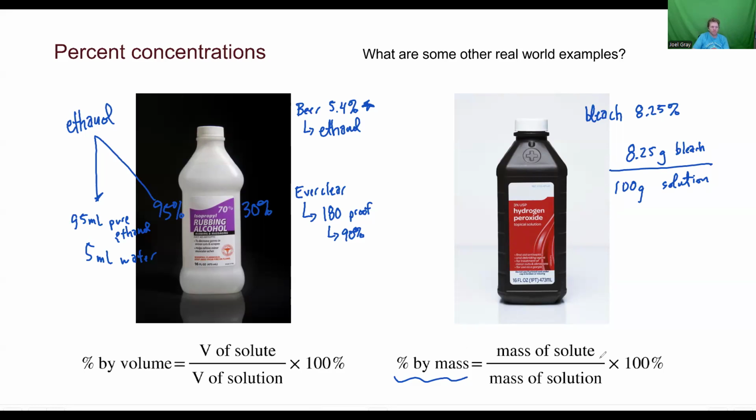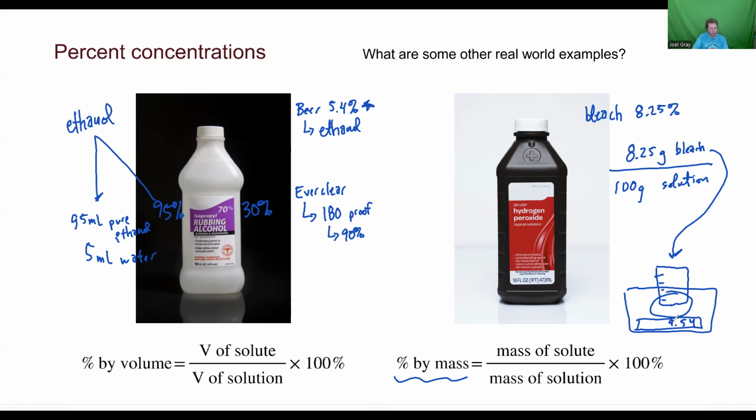So what you would do here is, here's my digital balance, and on your digital balance, you're going to put a beaker. And you're going to put 8.25 grams of bleach.